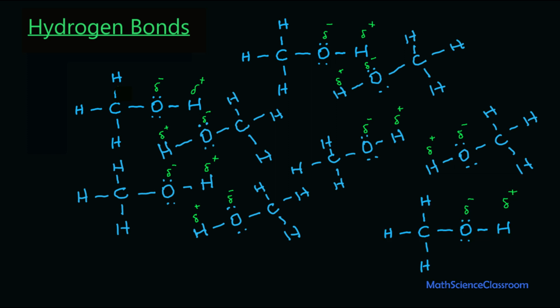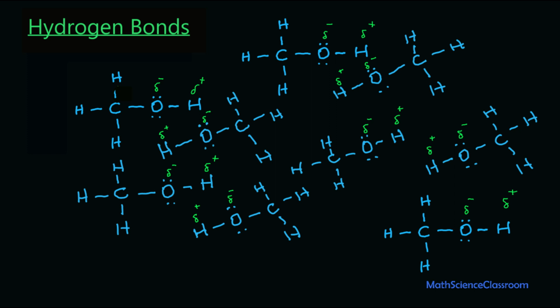Notice that because this is methanol, we have an oxygen attached to a hydrogen, and the oxygen is highly electronegative. It's pulling the electrons from the hydrogen. So we have two partial charges.